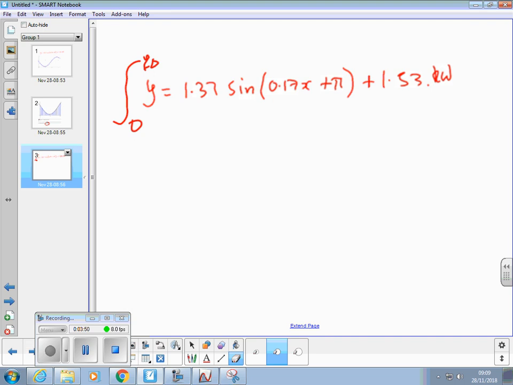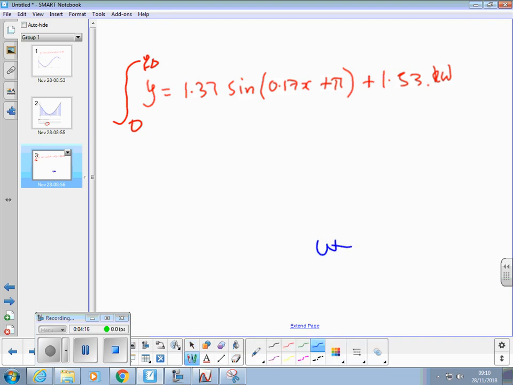The function is y equals 1.37 sine(0.17x plus pi) plus 1.53 kilowatts, because those are the units of the data. When we integrate, the units will be joules.